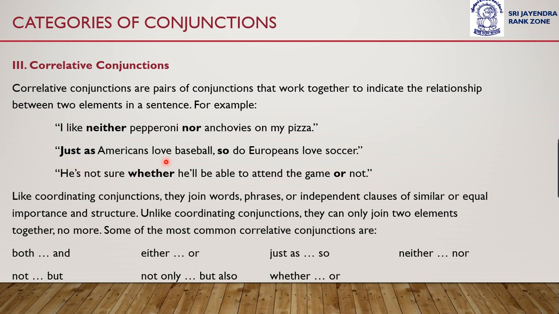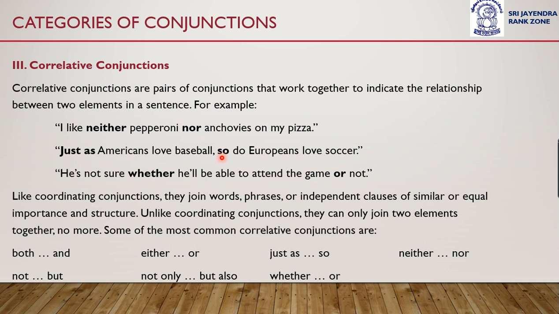Just as Americans love baseball, so do Europeans love soccer. So, Americans love baseball, Europeans love soccer, and they are two different sentences, but we use "just as" and "so" in order to establish a relationship between them.